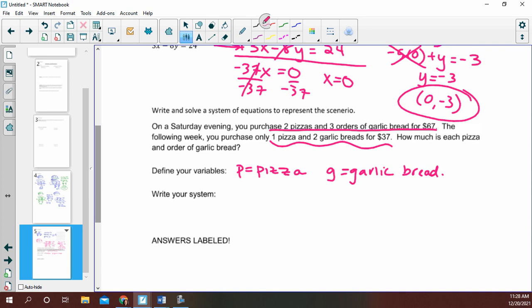But we don't know how much each costs. So I'm going to do 2P to represent my 2 pizzas, but I don't know how much they are, and my 3 sets of garlic bread for my total of 67. Then my next time I went, I got 1 pizza and 2 garlic breads for a total of 37.